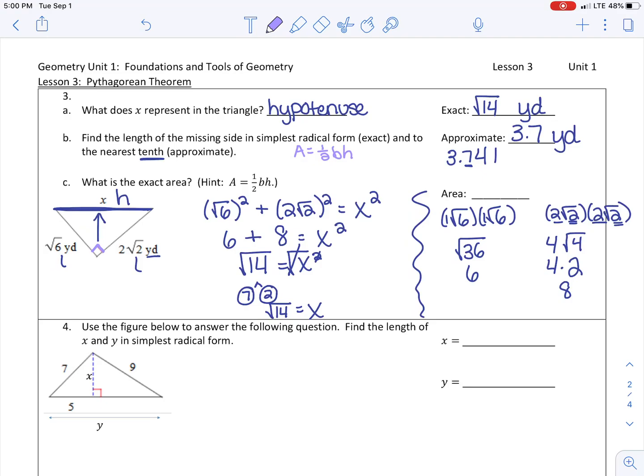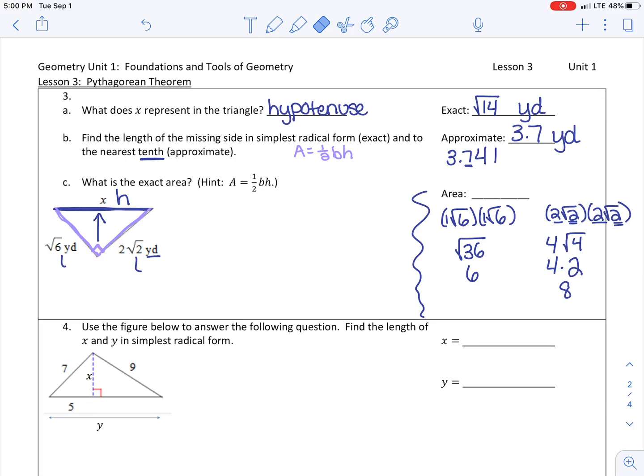So the two sides that form the 90-degree angle are this side and this side. So we're going to use those two as our base and height. And it honestly does not matter which one's base and which one's height. So I'm going to erase some of this. Okay.